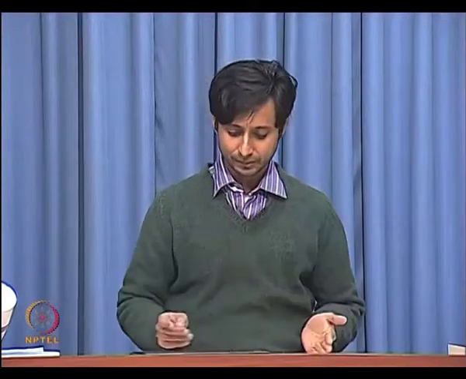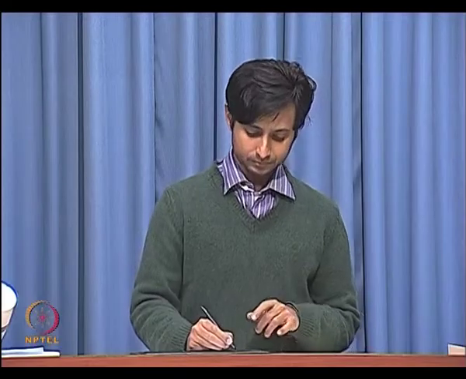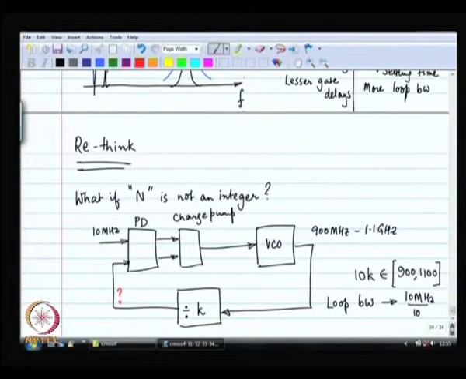Now, we can't really say what this is going to do as far as spurious frequencies are concerned, right. So, that is a question mark, because we do not know what this signal looks like. It's most probably not going to look exactly like 10 megahertz.